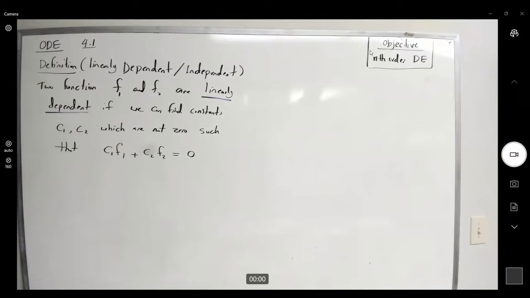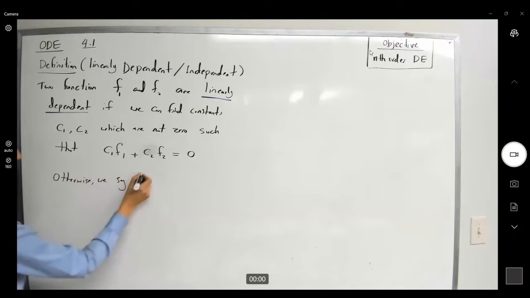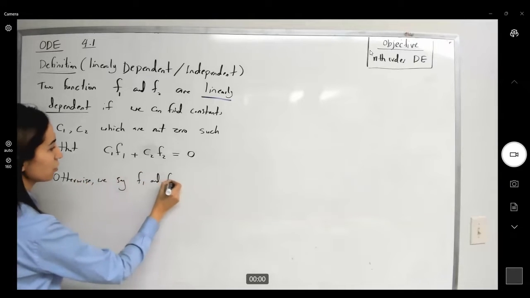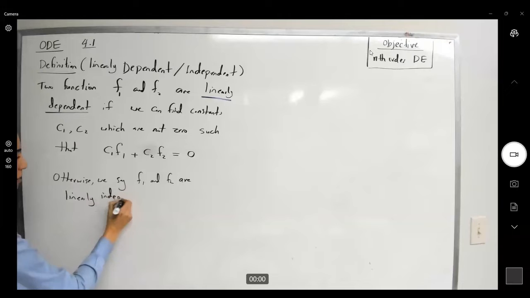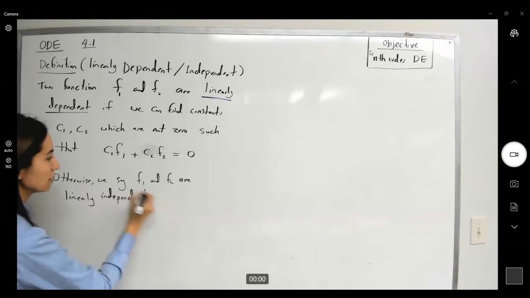If not, then we say that they are linearly independent. Otherwise, we say f1 and f2 are linearly independent.